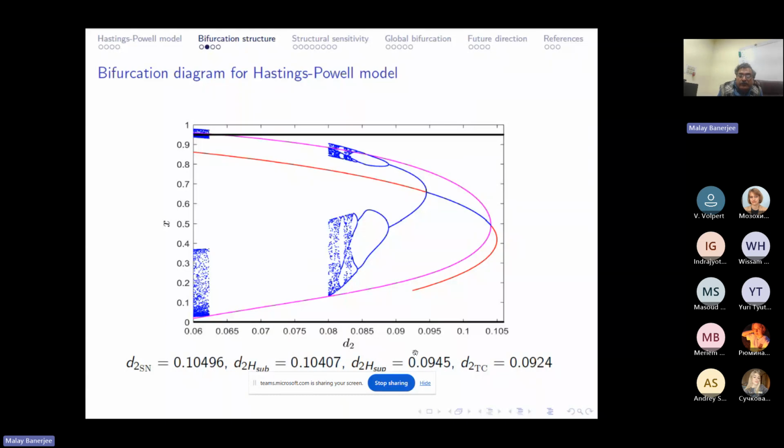And due to the supercritical Hopf bifurcation, what happens? One stable limit cycle emerges that is marked in blue color, and this periodic solution undergoes successive period doubling and ultimately arrives at a chaotic regime. Then we can find a periodic window.